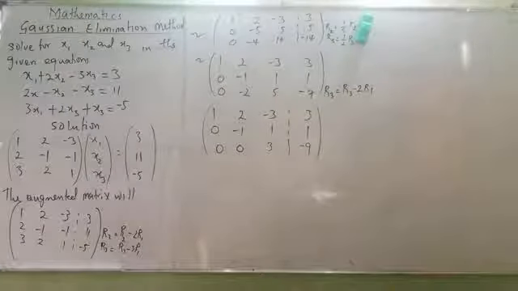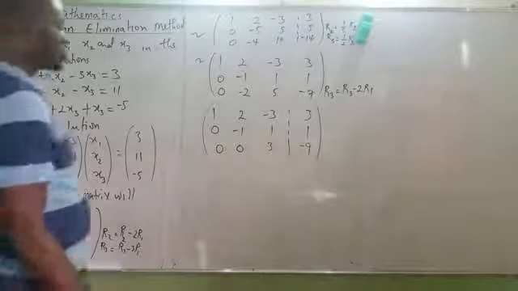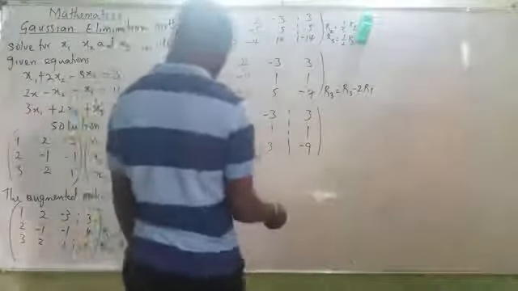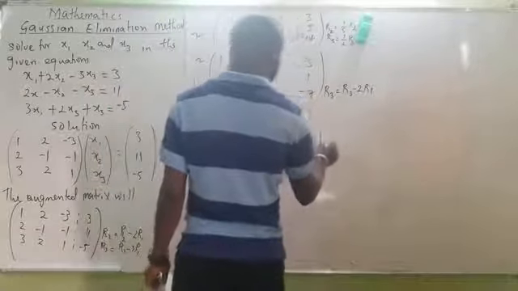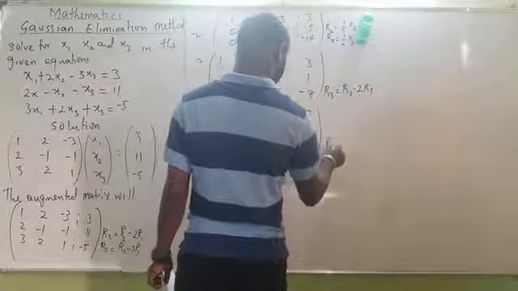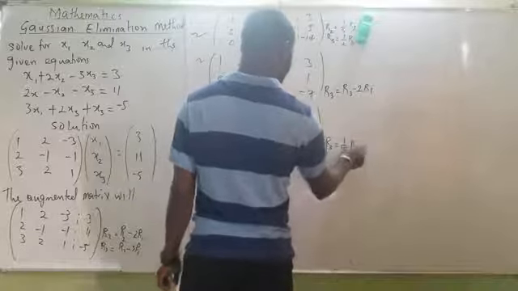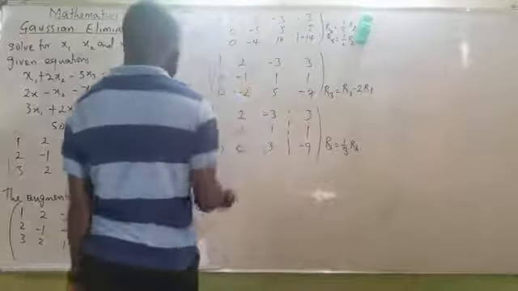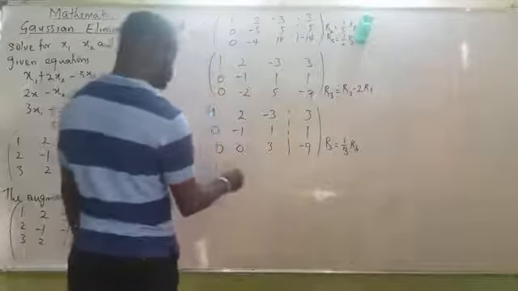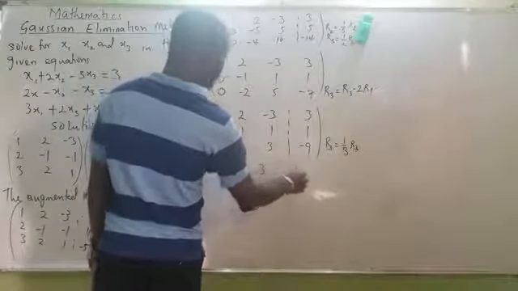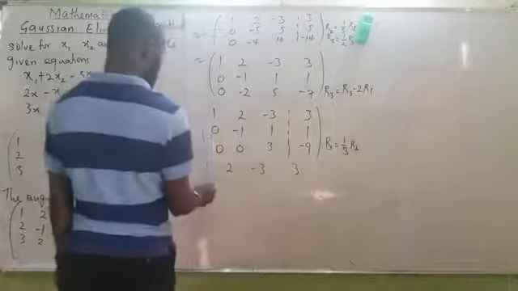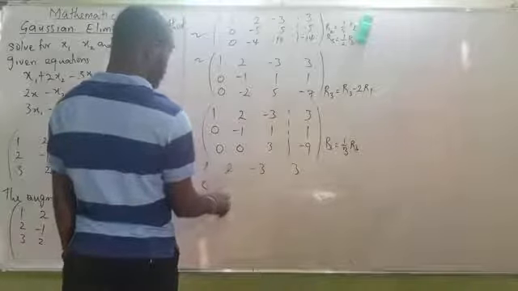Now, that is very correct. Since I have that, if I want to do it very well, it's not necessary, but I can say that my R3 becomes 1 over 3 R3, which won't be any problem. I can now say 1, 2, minus 3, 3, and also 0, minus 1, 1, 1.